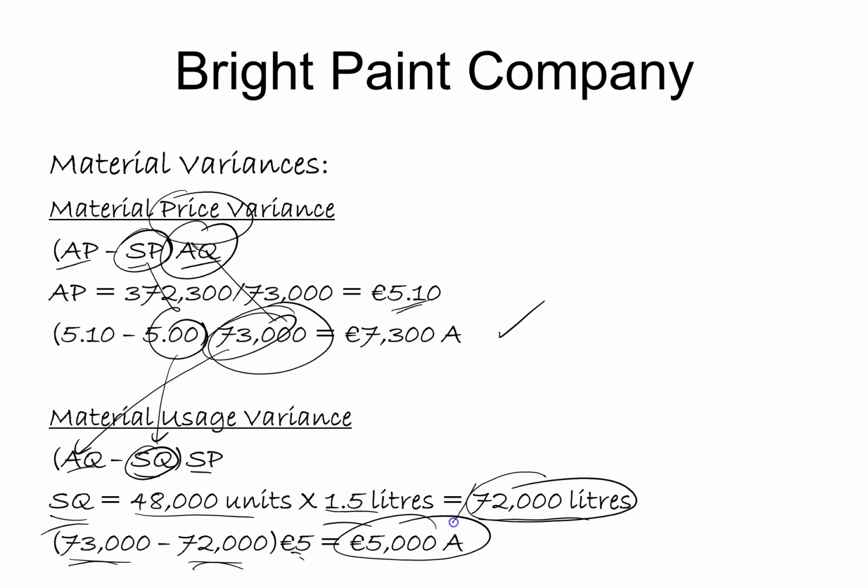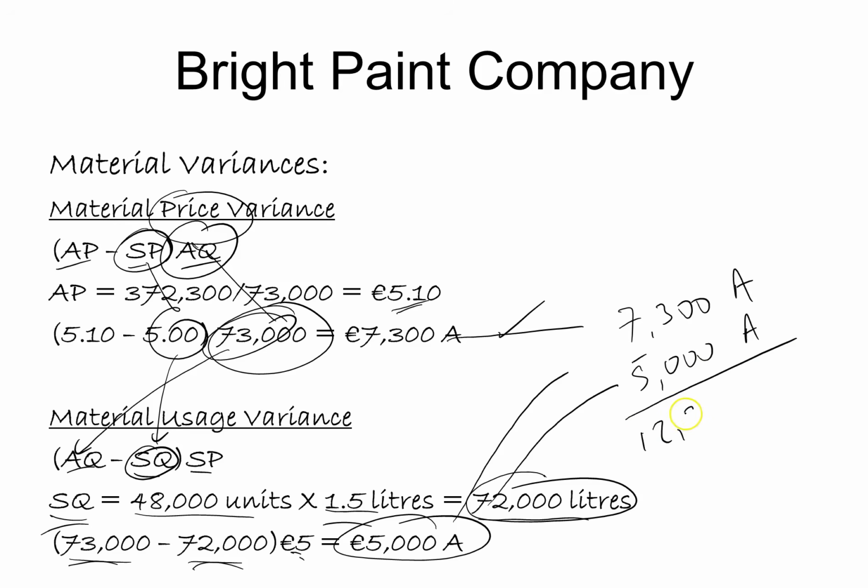Now I'm just going to take these two numbers here. We have a €7,300 adverse material price variance. We have a €5,000 adverse material usage variance. If I add those together, that gives a total of €12,300 material variance.